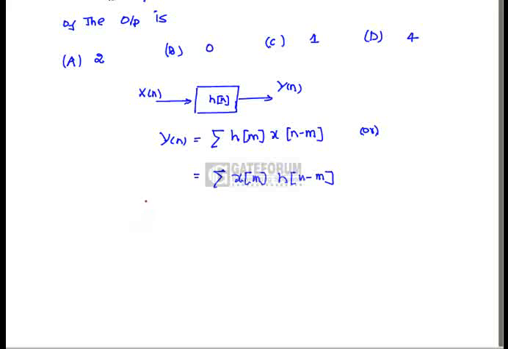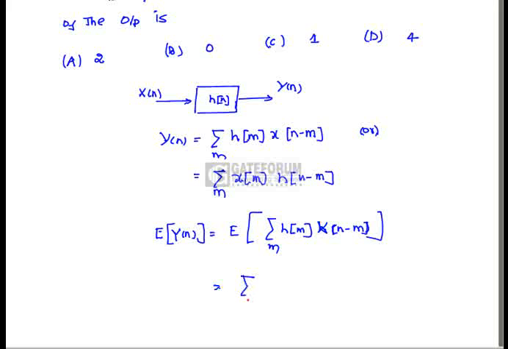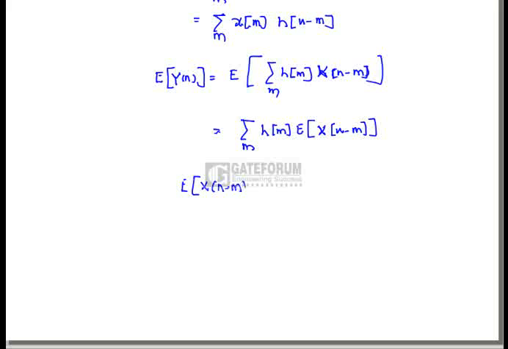If we apply the mean to the output equation, that is, expectation of y of n equals the expectation of the summation, then summation over m of h of m times expectation of x of n minus m, which is given in the problem as 0, because x of n is a white noise process whose mean equals 0.